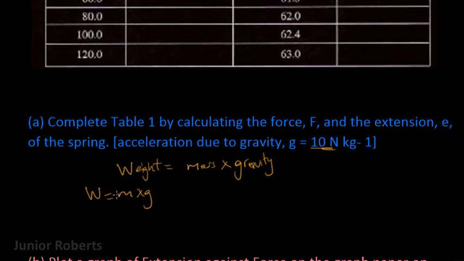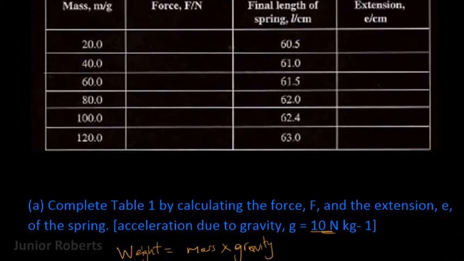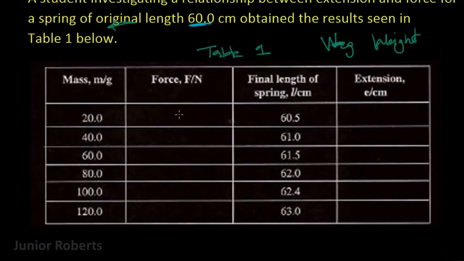Whenever we're converting from grams to kilograms, we have to divide by 1000. So we first divide the mass by 1000, and then multiply by the acceleration due to gravity, which is 10 newtons per kilogram. I'm going to do that right now to fill out the table, so let me get the calculator out.